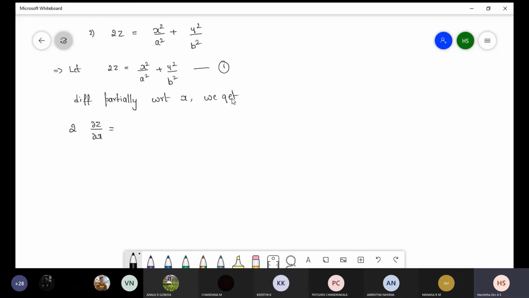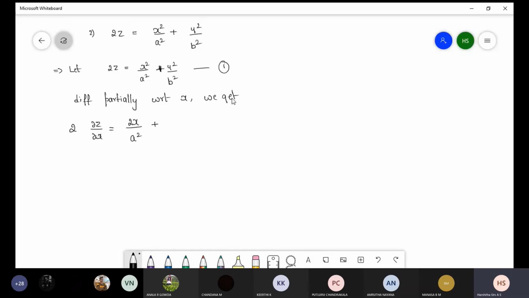Here plus is there. When you differentiate a constant term, it will become 0. For the second term, what is the differentiation of x square partially? 2x, ma'am. Yes, 2x divided by a square I will write as it is.